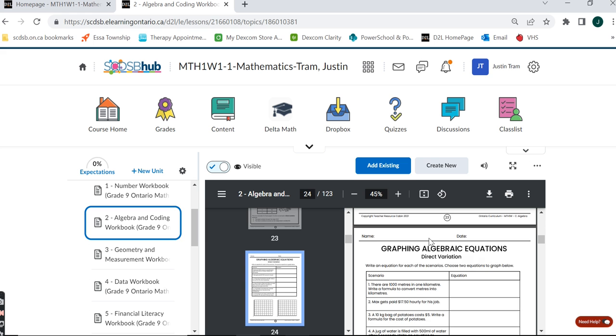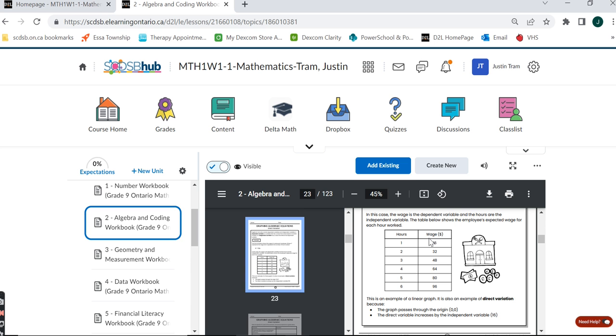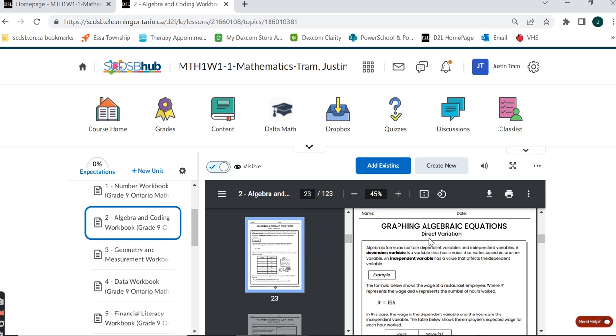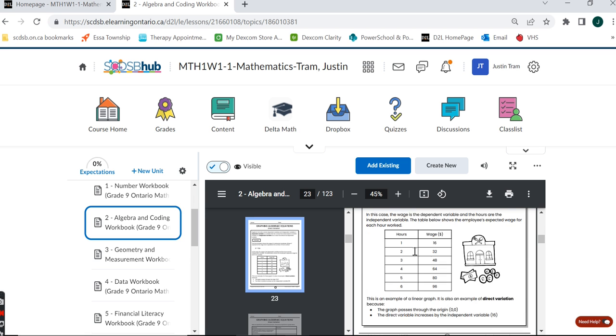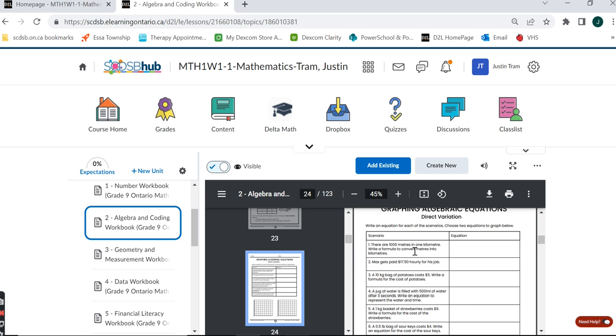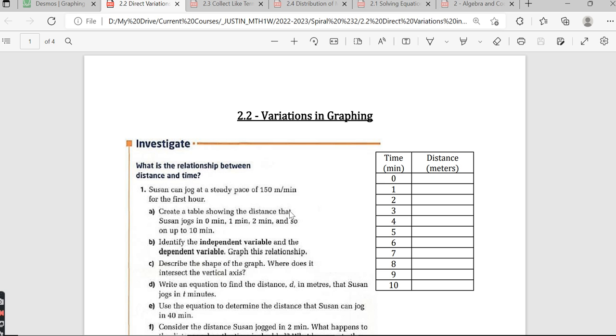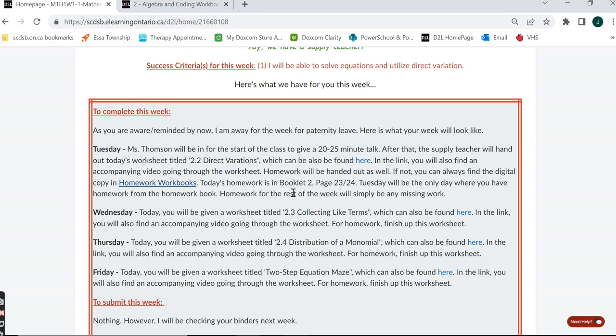Okay? So if I didn't print it out for you, and you don't see this copy in front of you, you can just refer to the online version. Obviously, don't write everything out. You can just read through that and answer it on scrap paper, okay? So that would be the homework for today.